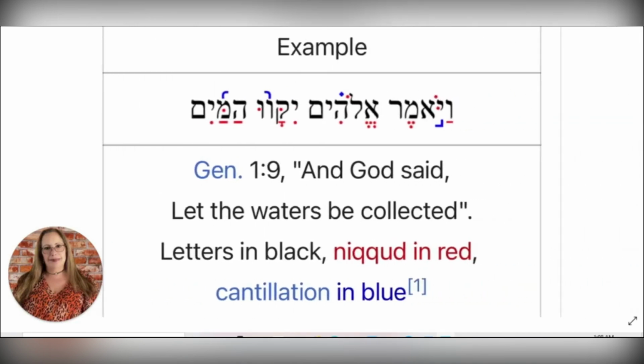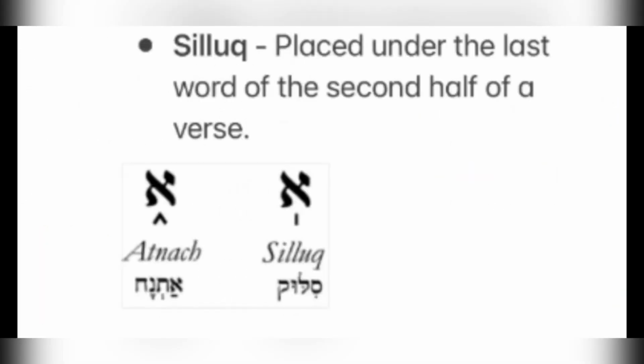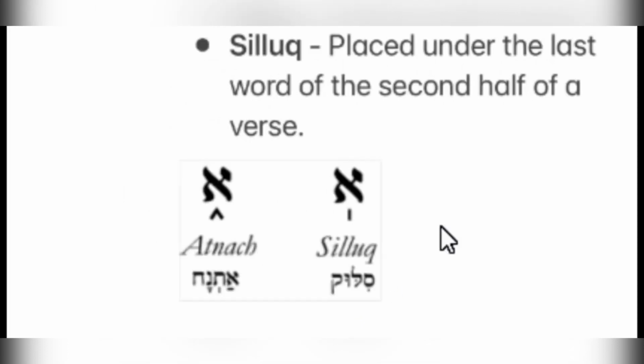Now, the siluk is placed under the last word of the second half of the verse. And here's a siluk. It almost looks like an eye. Looks like an eye without the dot. That's a siluk.